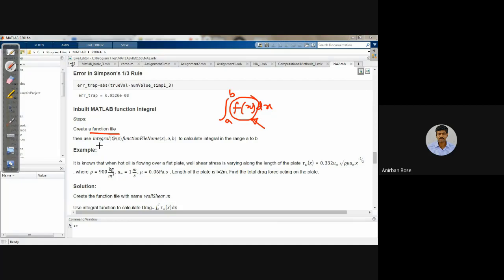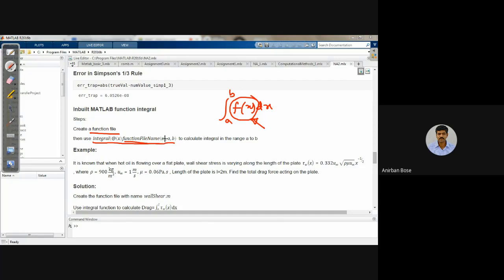Then you observe the syntax that you have to use: integral, which is written in italics. Within brackets you write everything: the at sign, then in brackets x. X is the variable that you have to mention, and then you write the function file name that you have given for that function, and within brackets you write the input.